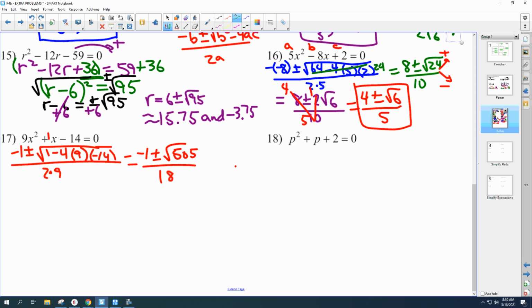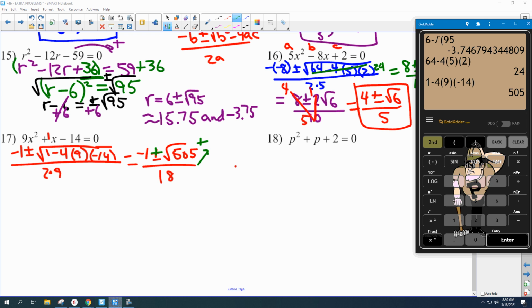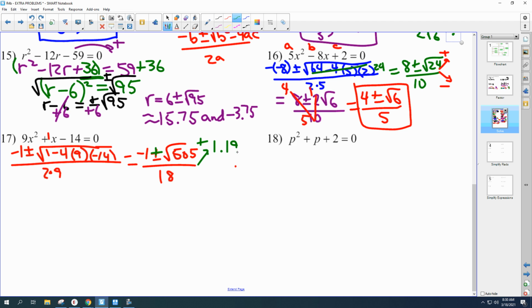I would split it, and I would say either we're going to add that square root or we're going to subtract it. So if I add, negative 1 plus square root of 505 is this, but then don't forget, everybody always forgets to divide by 18. Don't forget. 1.19 about.